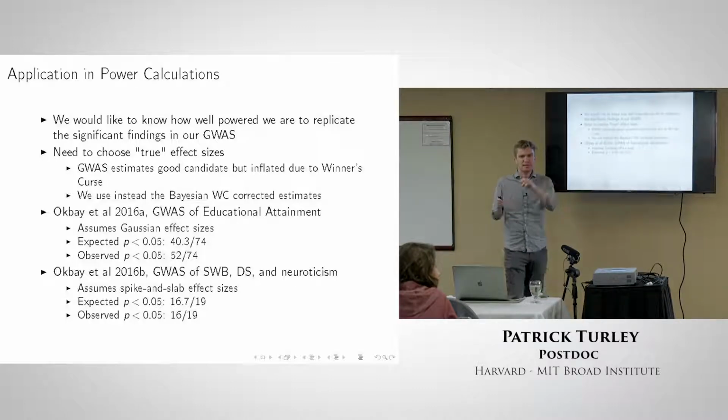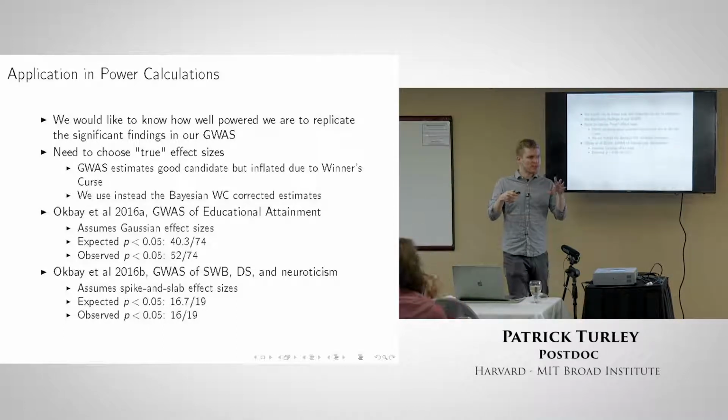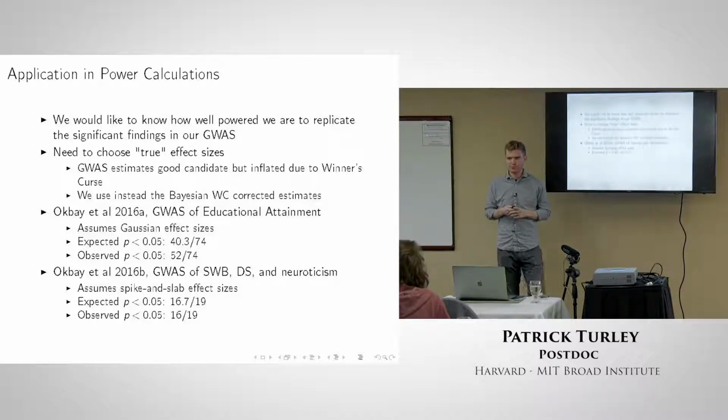Or alternatively, we have a replication sample of a fixed size, and we want to know how many SNPs we expect to replicate given the effect sizes that we've observed and the sample size we have available in replication. So if we didn't correct for winner's curse and we did a power calculation, how is that going to affect our power calculation? How is that going to get us in trouble?